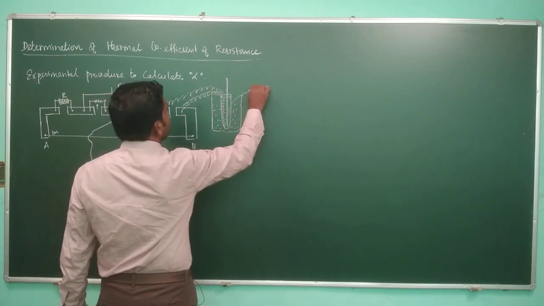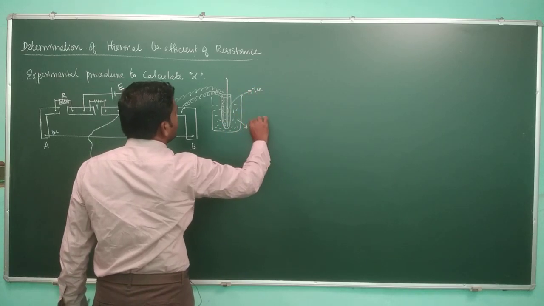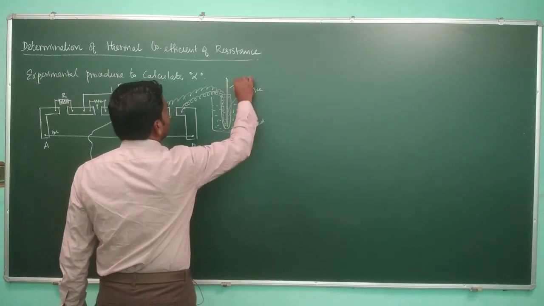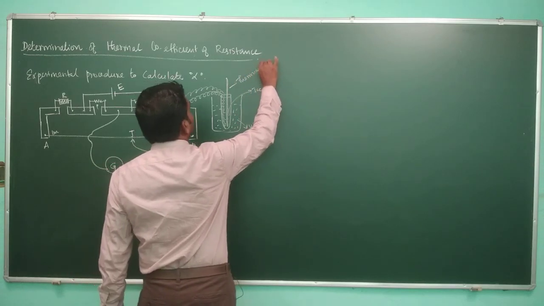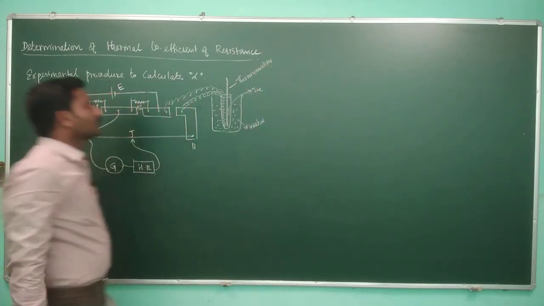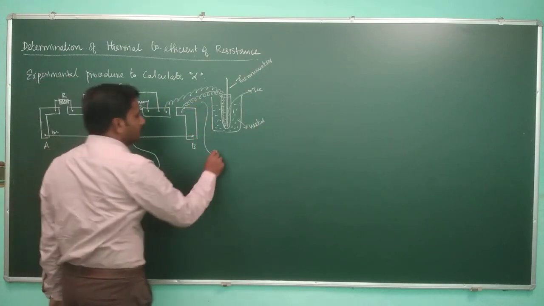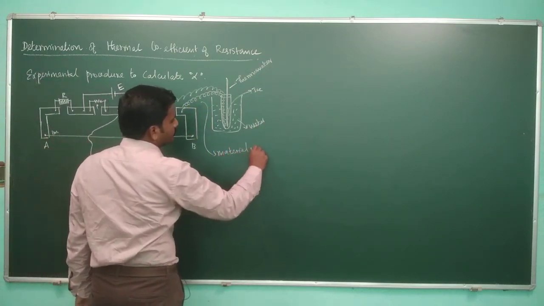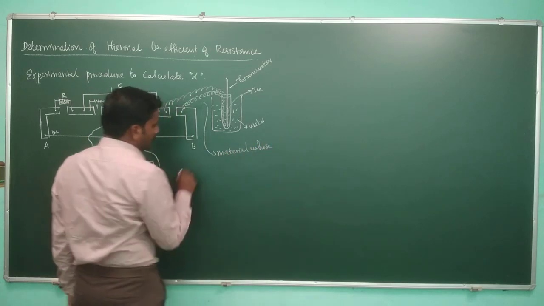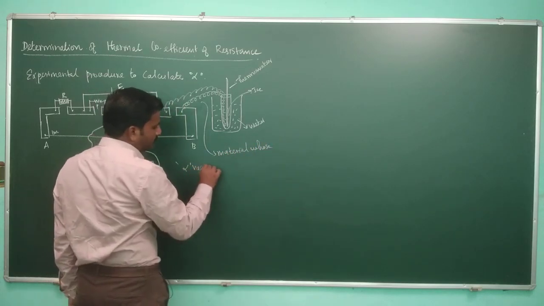So this is ice, this is water, this is the thermometer. This is the material whose alpha needs to be calculated.